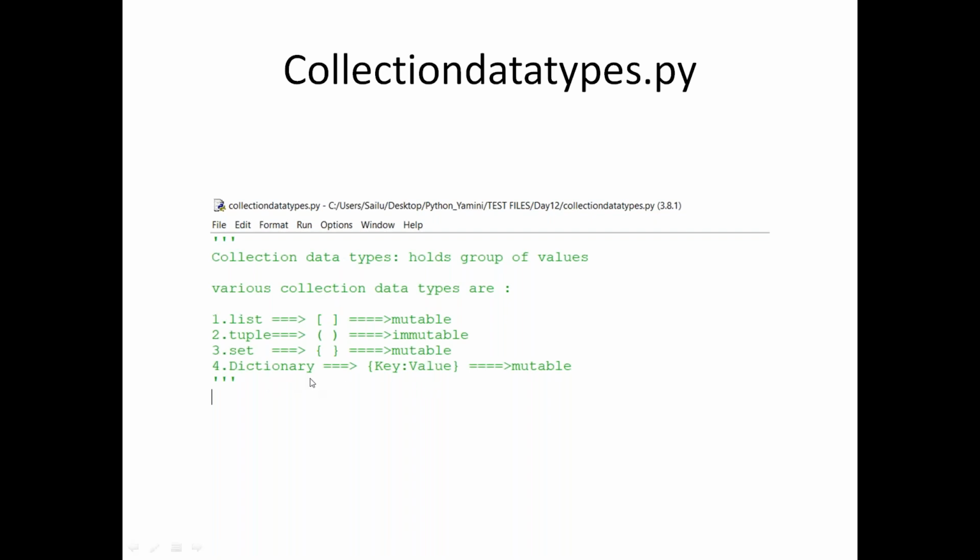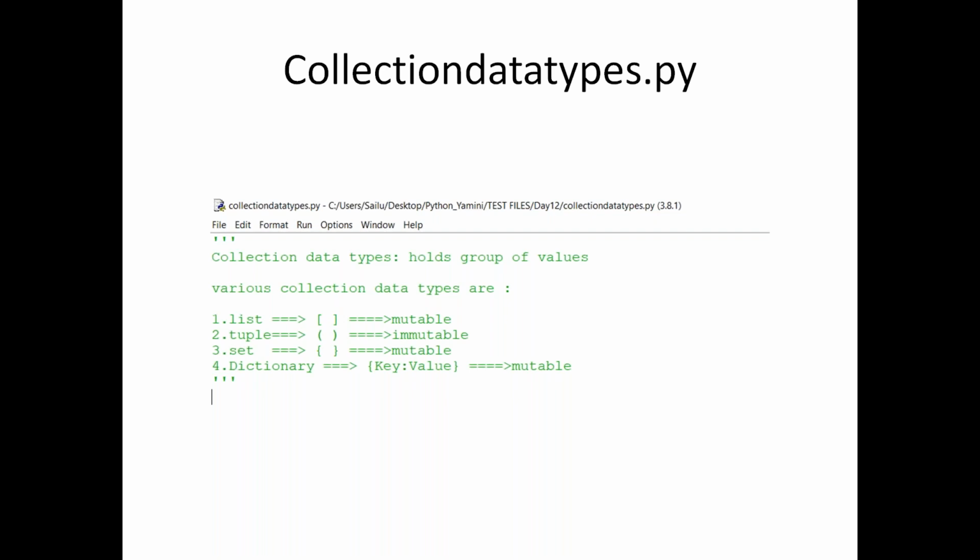And the last one is dictionary. A dictionary is represented by curly brackets with key-value representation, and this is a mutable object. Key-value representation means I will pass a key and my system is going to respond with a value.